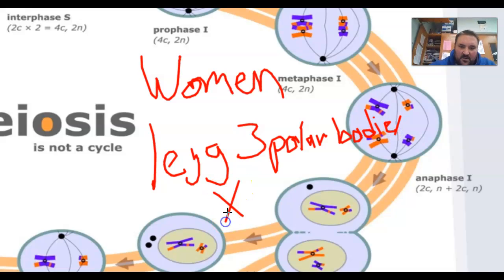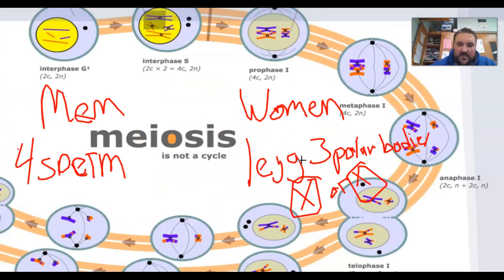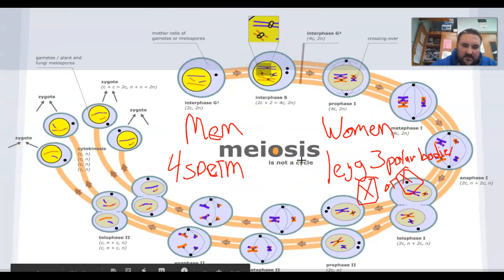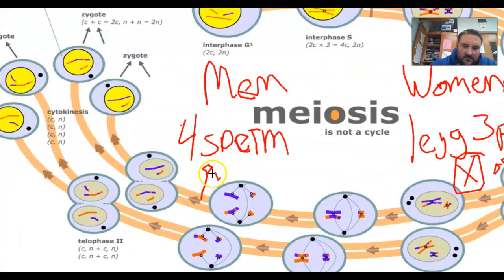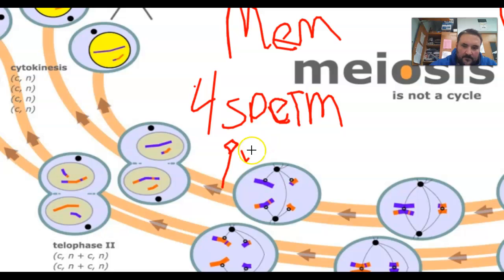The egg cells always have an X or an X. But sperm cells, on the other hand, you actually get 4 of them. So you would get 2 X sperm, and you would get 2 Y sperm.